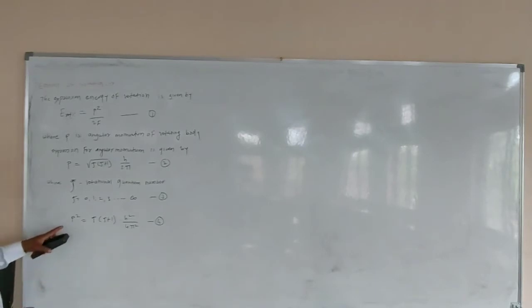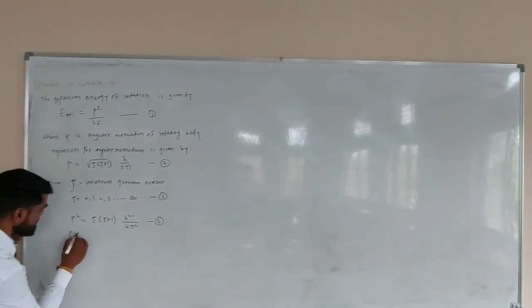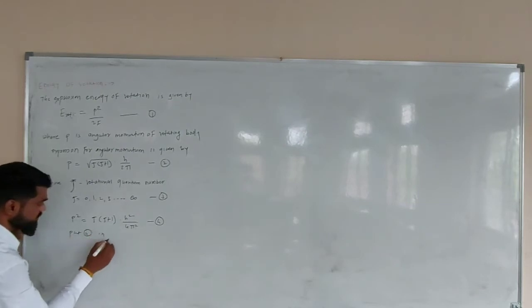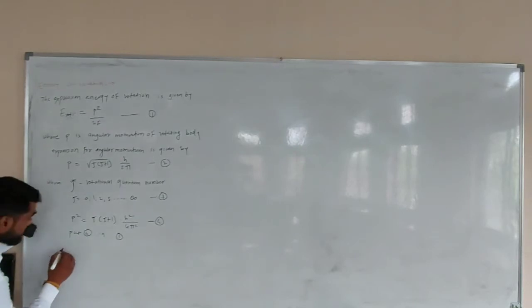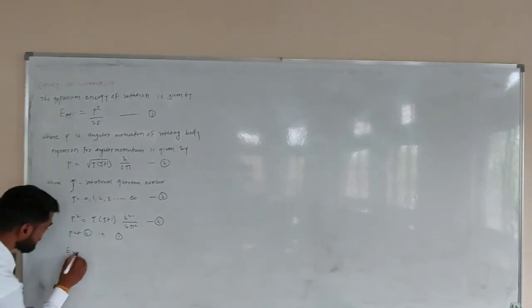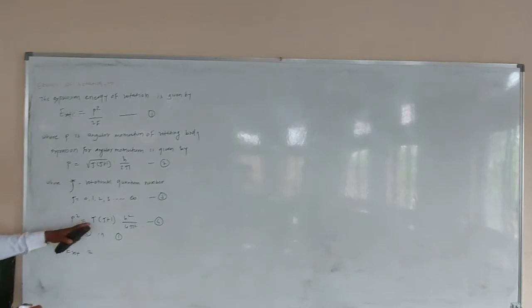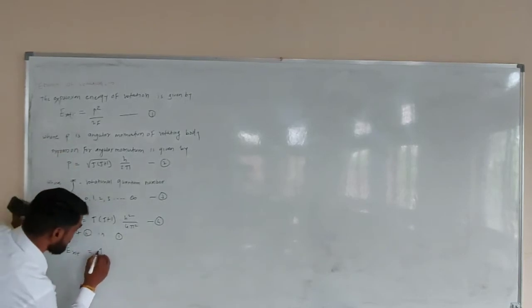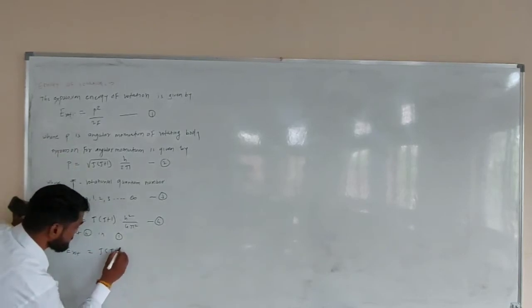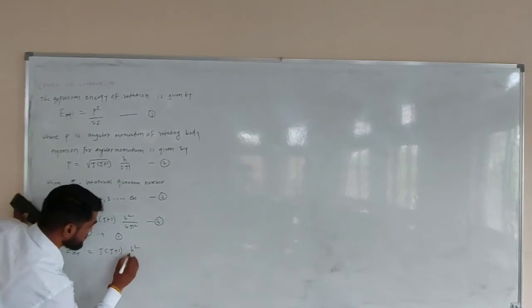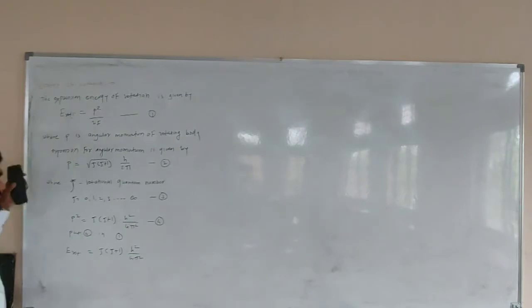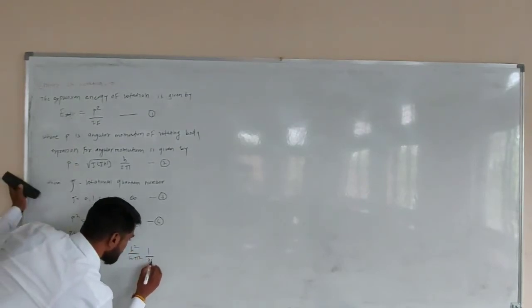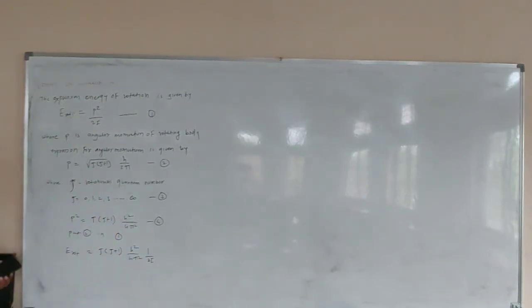Now, put the value of P square from equation number 4 in equation number 1. So E rotational is equal to J into J plus 1 into h square upon 4 pi square, and the remaining term is 1 upon 2I from equation number 1.